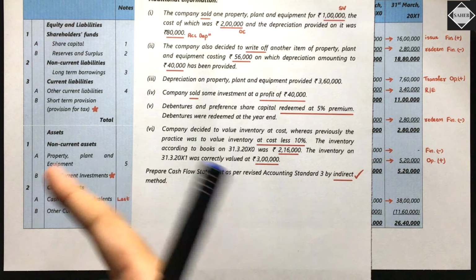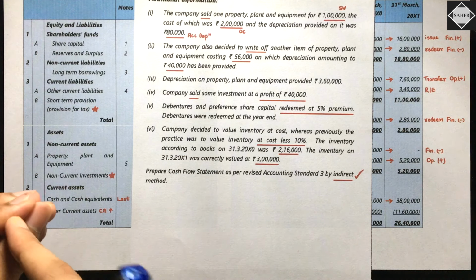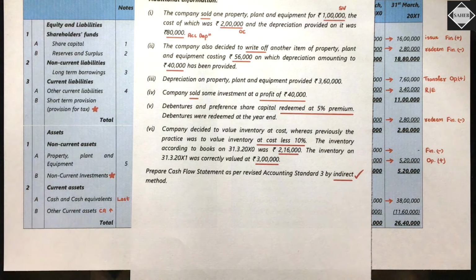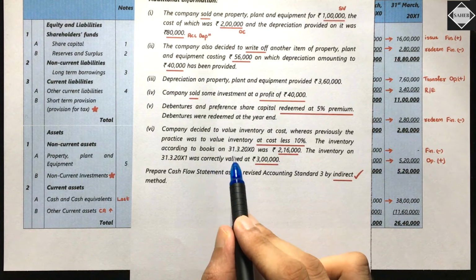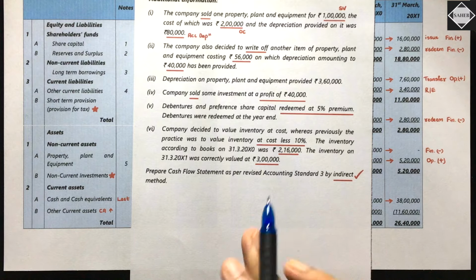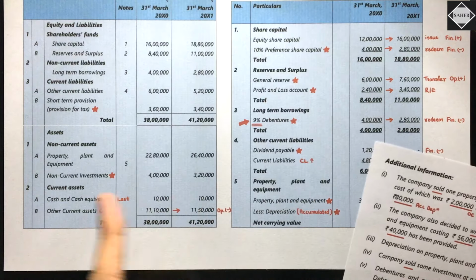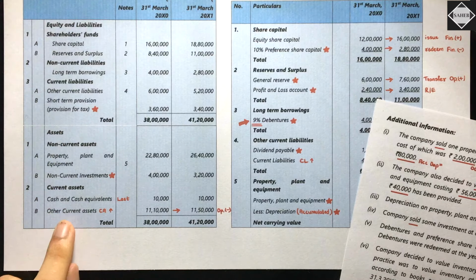So previous year closing stock they are talking about. Previous year closing stock, which becomes opening stock of the current year, isn't it? Yes. So see here, the inventory according to books on 31st March 2020 was 2,16,000. Whether they have given inventory over here? No. They have grouped everything all together under other current assets.